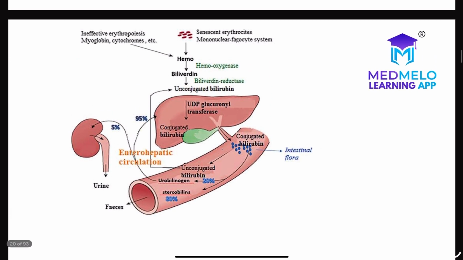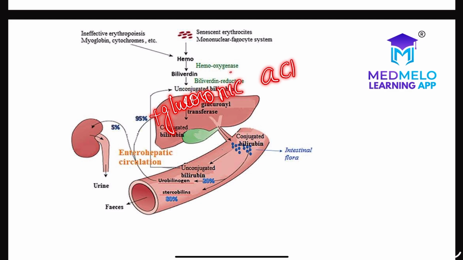Let's revise it once more. Heme, under the control of heme oxygenase, is converted into biliverdin, and under the enzyme biliverdin reductase it is converted to unconjugated bilirubin. This unconjugated bilirubin reaches the liver and is conjugated with the help of UDP glucuronosyltransferase and a molecule called glucuronic acid.